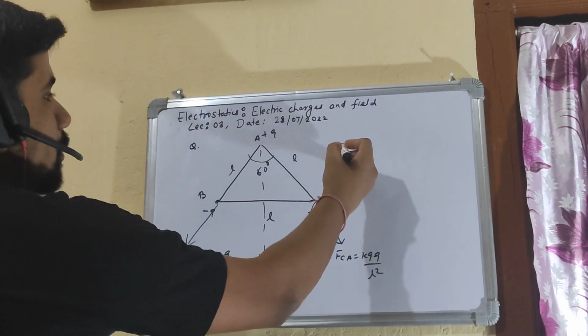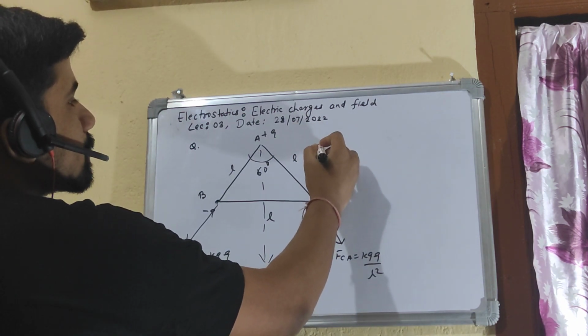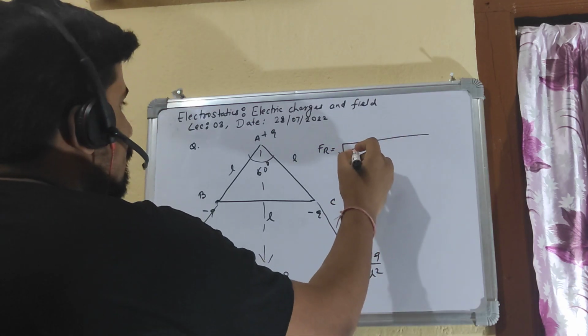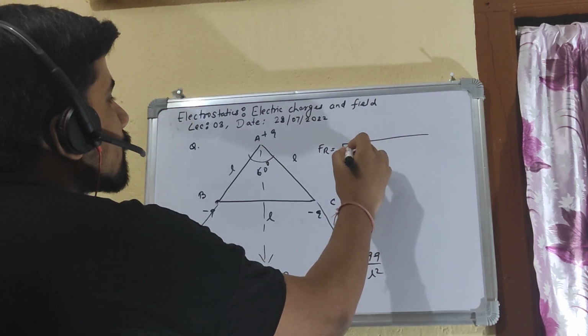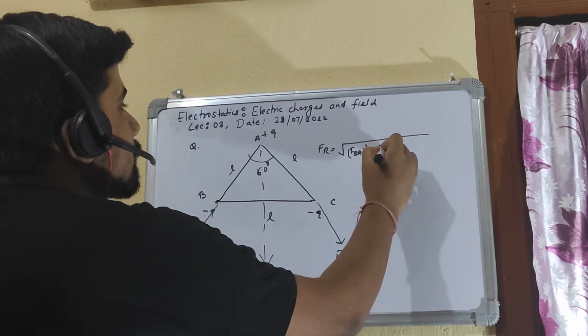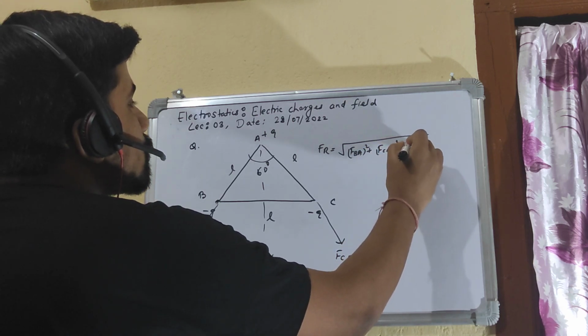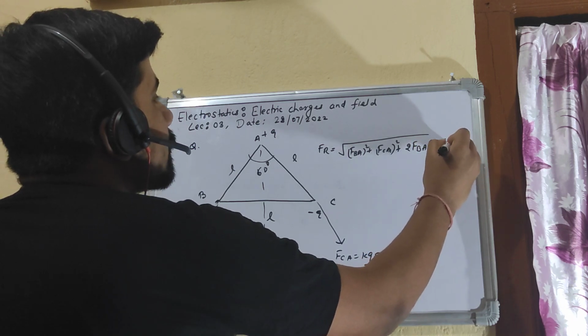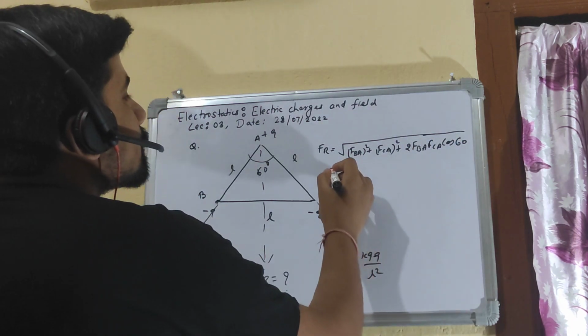According to the triangle law, the resultant force is the square root of FBA square plus FCA square plus 2 FBA FCA cos of the angle, which is cos 60.